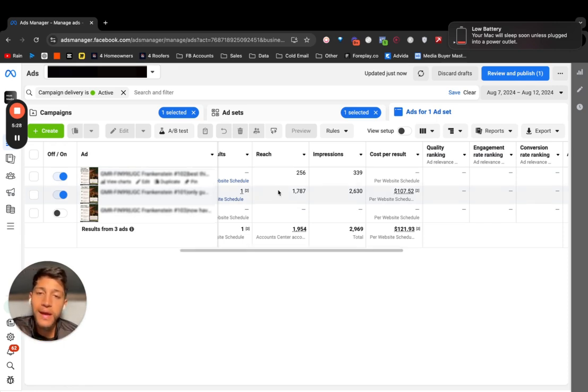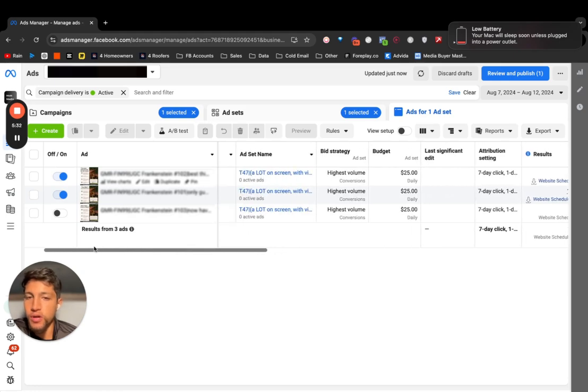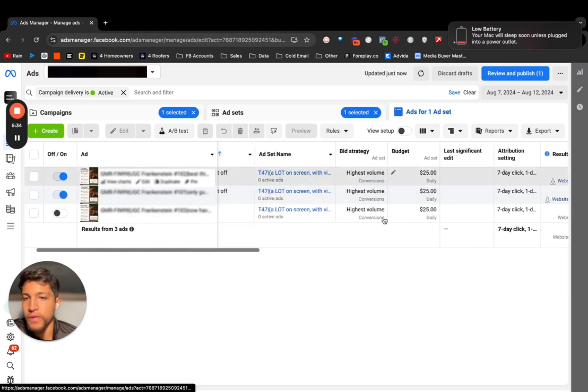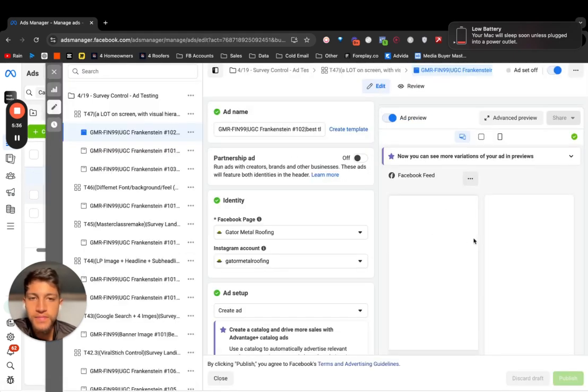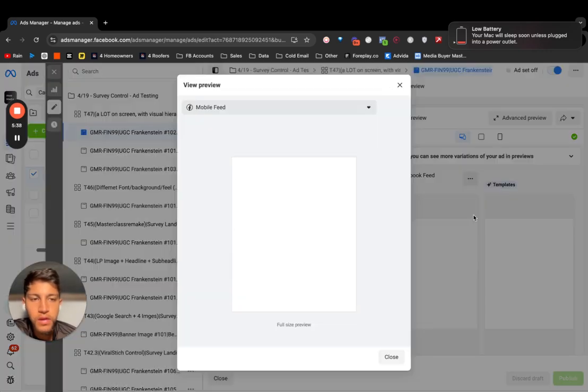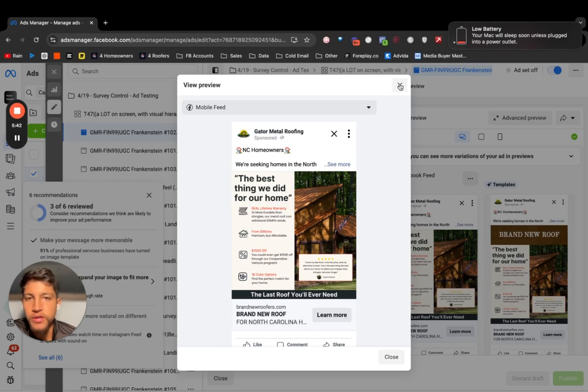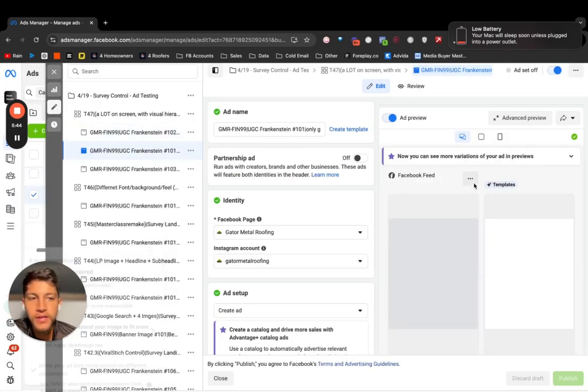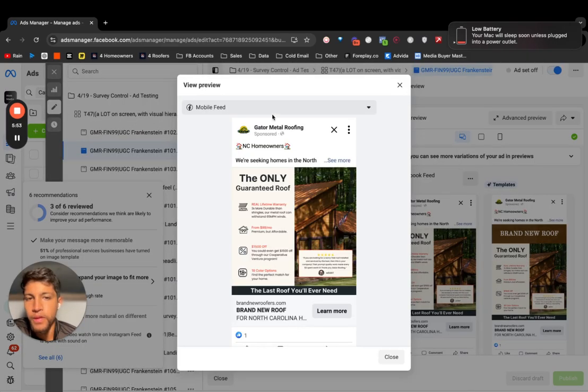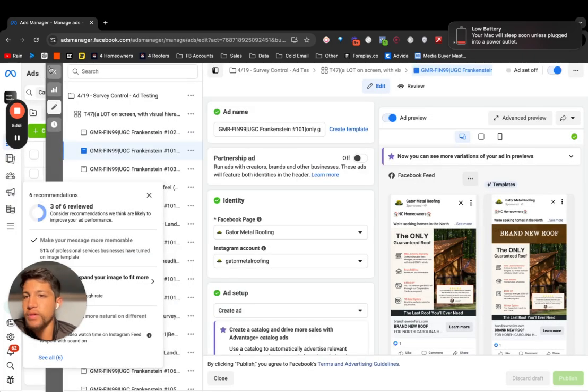But because we group ad sets by concepts, what we're also doing is we're testing the overall concept itself. So as you can see with these 3 ads, if I make this bigger, this ad is pretty similar to this ad. And so these ads are pretty similar.